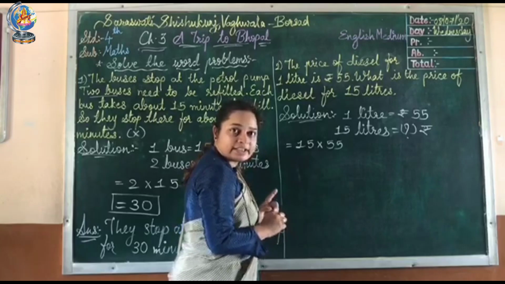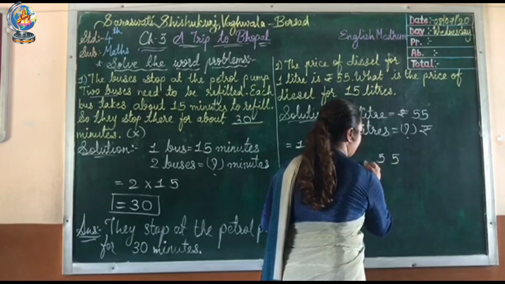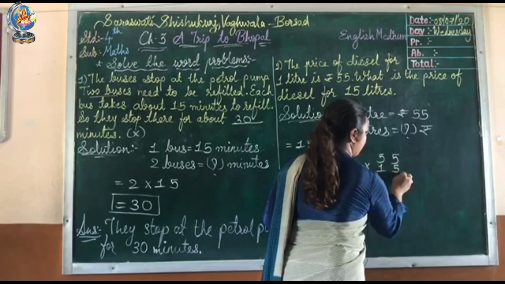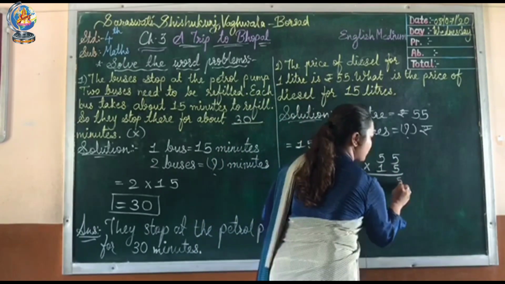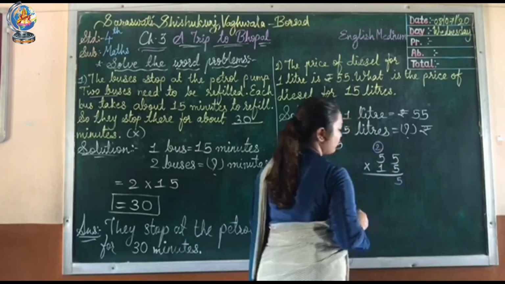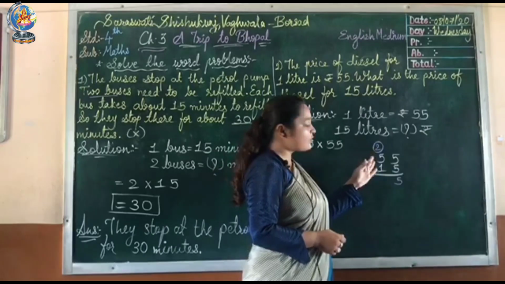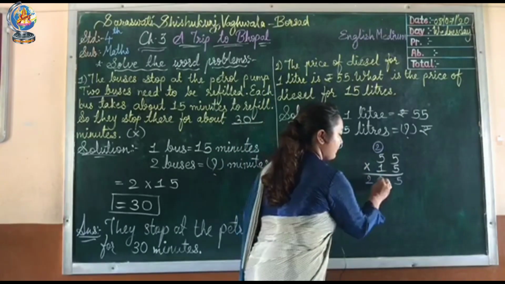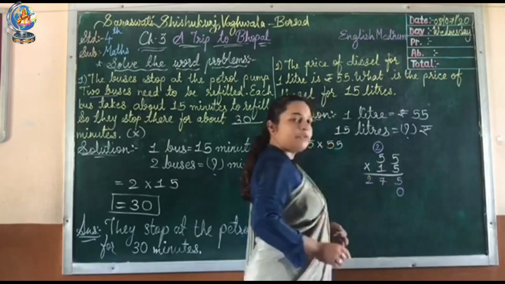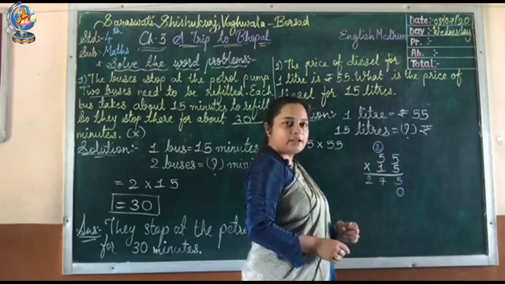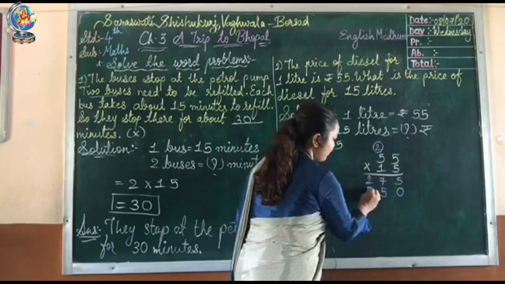So let's calculate the sum now. 5 5s are 25, 2 carry goes on 5, 5 5s are 25, 2 and 2 carry, so 27, 0 of tens, right? 1 5s are 5.